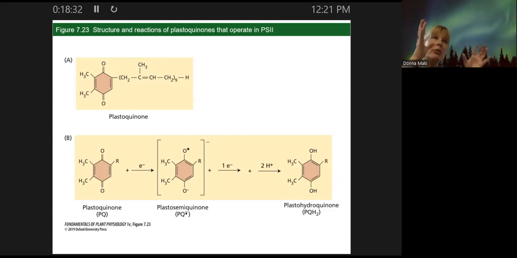That just means it's semi-reduced. It's like halfway there, not quite. And then you see another electron coming, plus 2 protons, and now it's fully reduced. PQH2. In that state, you could think of it as a free radical. It's very reactive and unbalanced, so to speak.